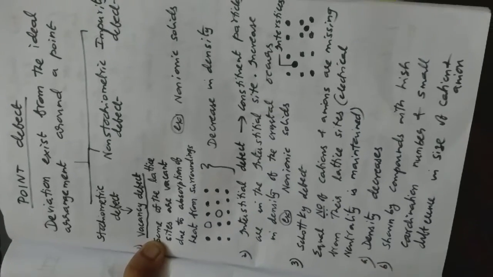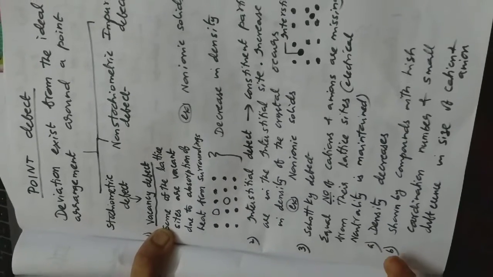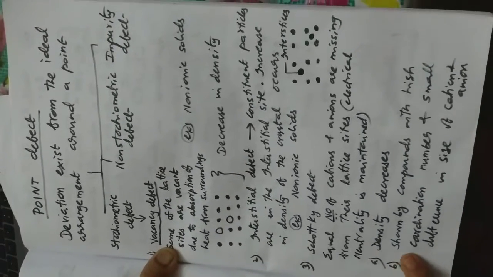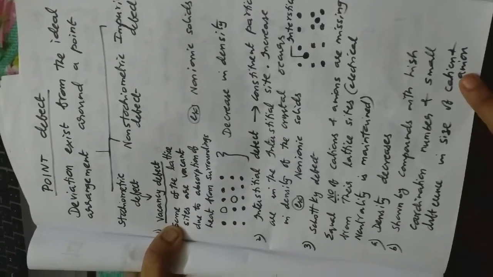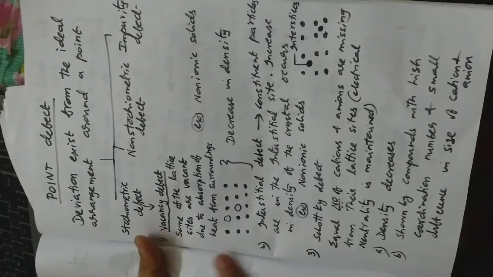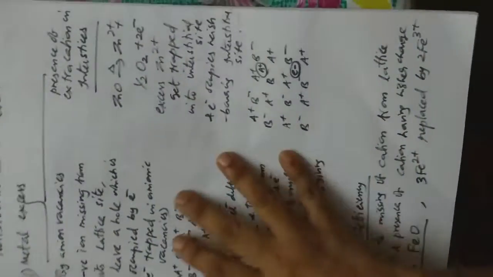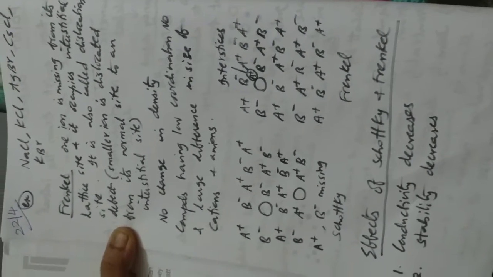It is shown by compounds with a high coordination number and a small difference in size of cation and anion. I hope you understood these three types of defects. Examples for Schottky defect: sodium chloride, potassium chloride, silver bromide, cesium chloride, and potassium bromide.